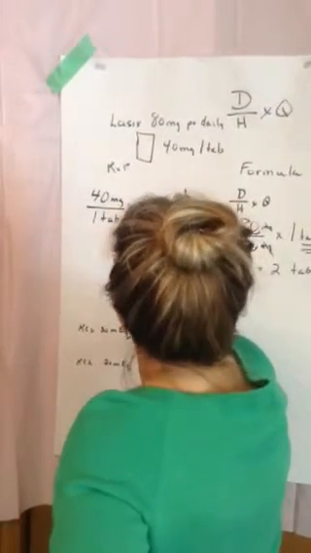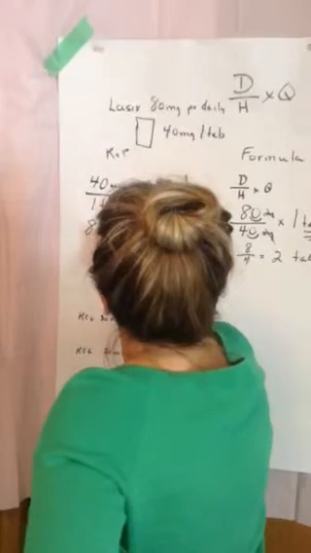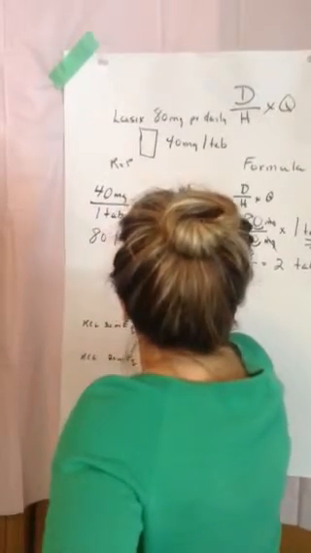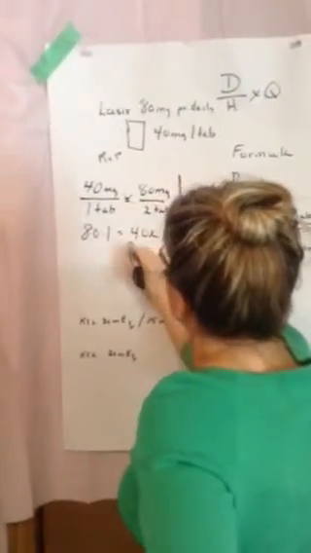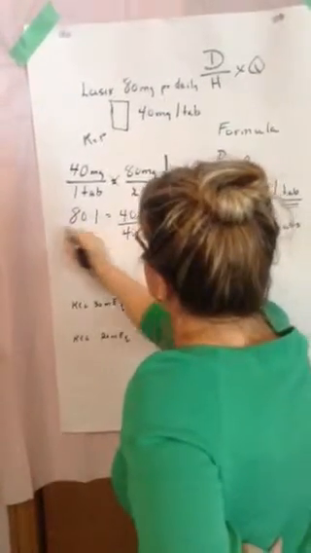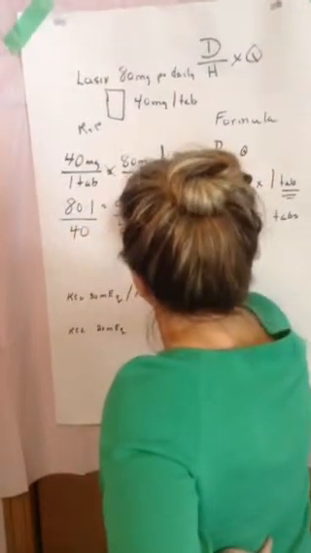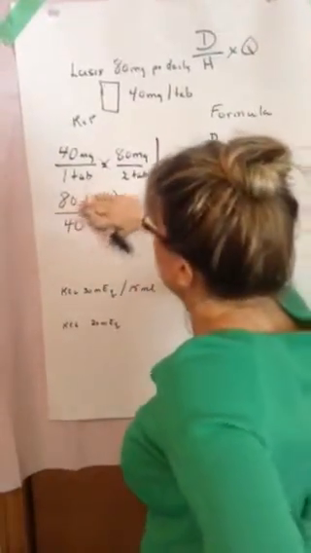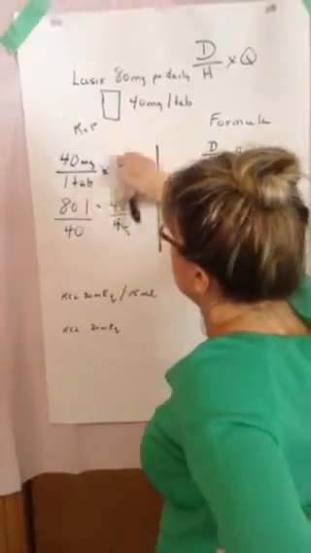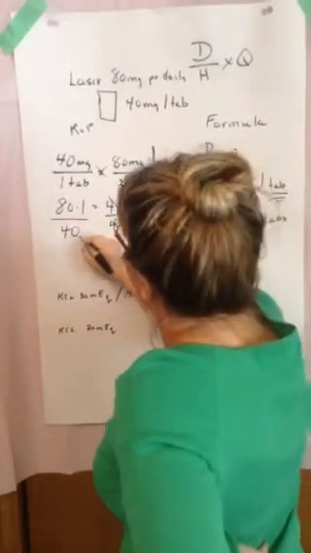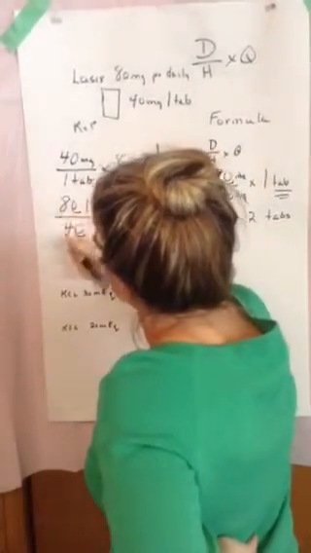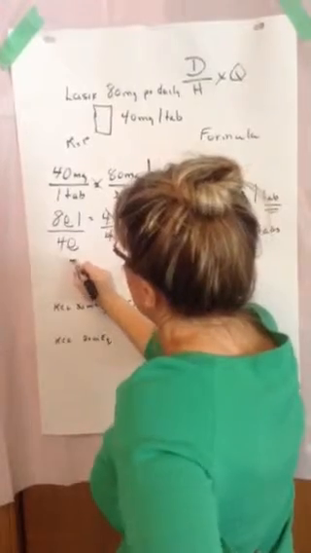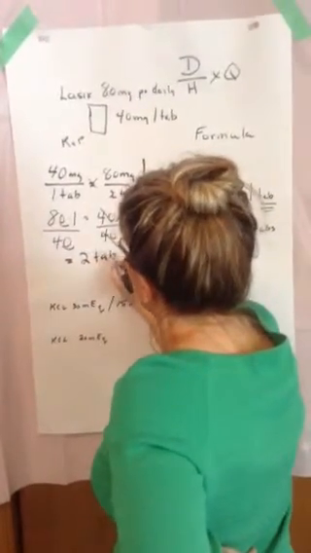We're going to cross multiply. 80 times 1 equals 40X. We're going to isolate X by dividing both sides by 40. So there's our X isolated. We don't have to worry about times 1, I just added it so you would know. And again, I'm going to do this, and I have 8 divided by 4. So my answer is 2 tabs.